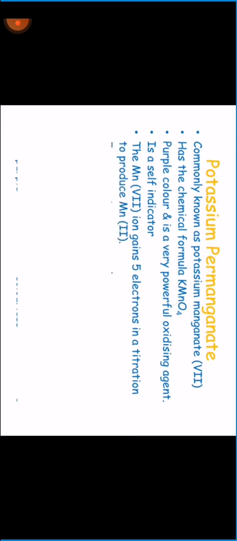How this works is the Mn7 ion, or as we would refer to it, Mn plus 7, will gain 5 electrons in a titration to produce manganese 2, which is Mn2 plus. So if it is gaining electrons, it is being reduced, and that means it is an oxidizing agent, as I've said already.